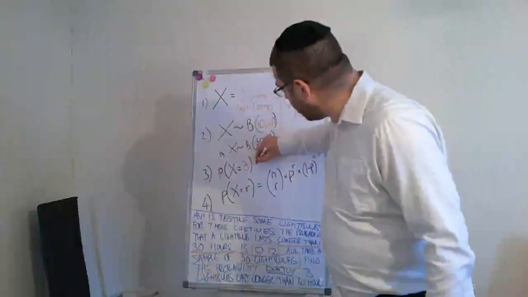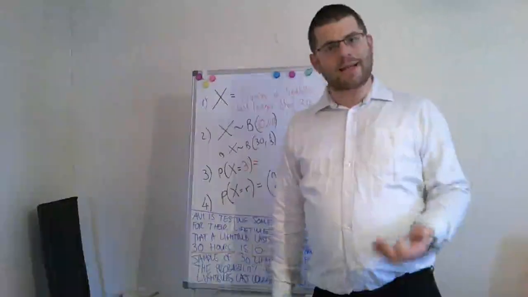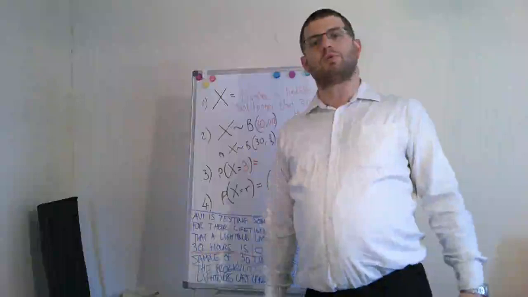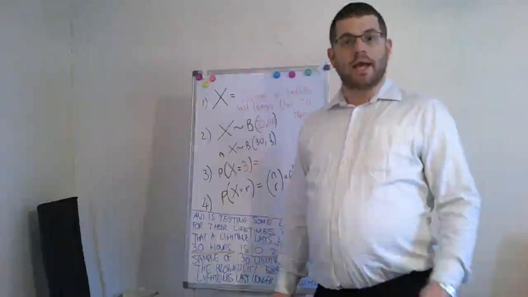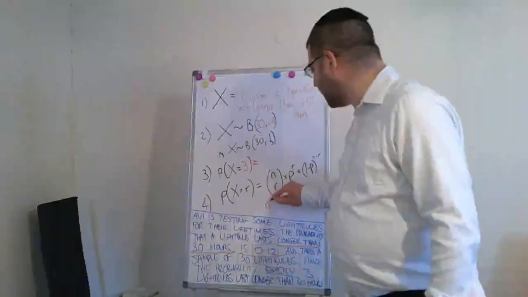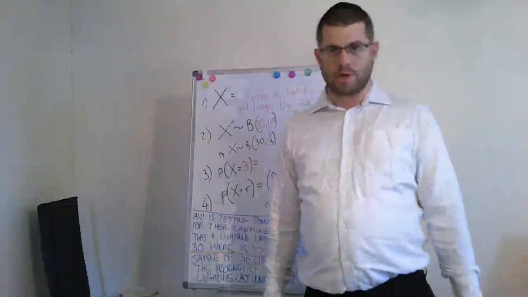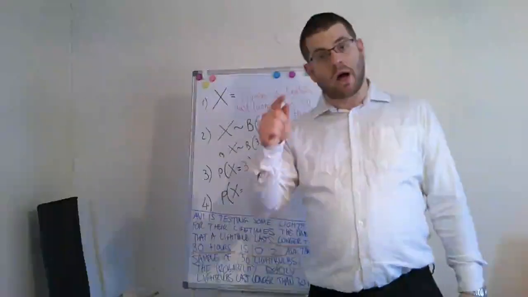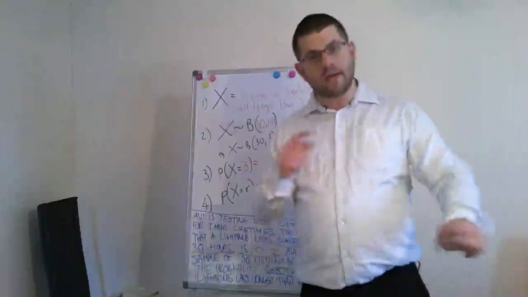Let's use the formula. The formula is over here. Okay, and again, let's apply this formula to make sure we understand what's going on. So nCr, N choose R, is a button on your calculator. On the Class Wiz, the white calculator that you've probably got, you press Shift Divide, and it brings up the C. You just have to place the N and the R either side of that.